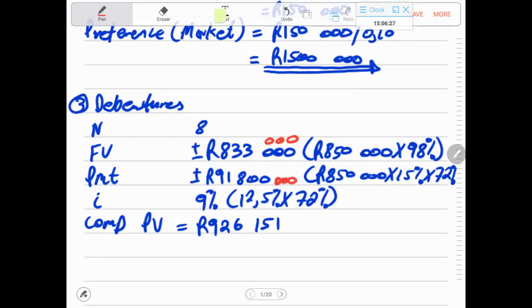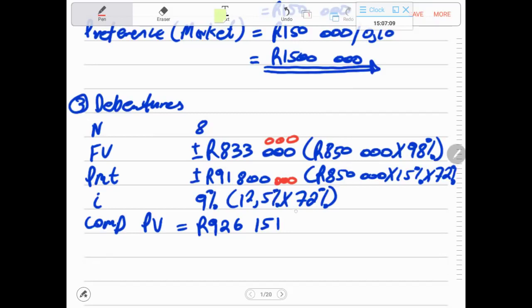I just want to make sure that my answers are not different when I have to do my WACC. So let me just recalculate my PV. My N is still 8. My interest is still 9%. 833 million is plus minus my future value, 91,800,000 is plus minus my PMT. Then I compute my PV.